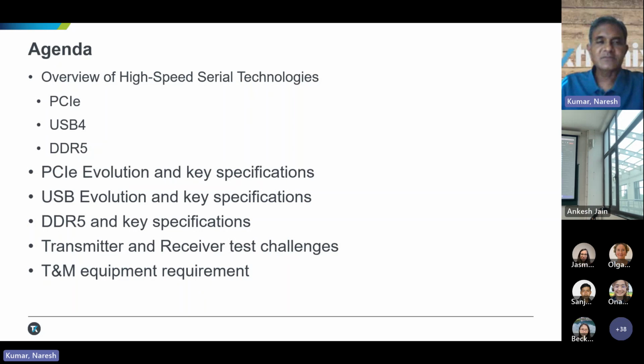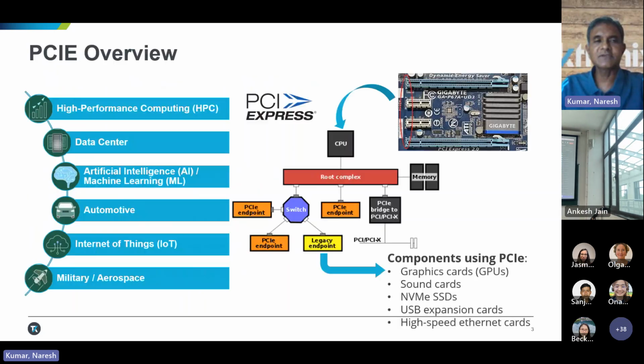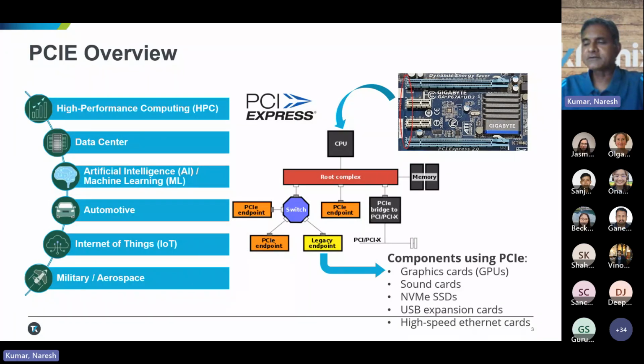Okay, now let me just move on quickly to some of the specifications which are critical for us. Let's look at PCIe. I'm sure most of you who are in the high-speed serial domain would be working on or will be working on PCI Express. If not already, very soon you will be there, is what I would expect.